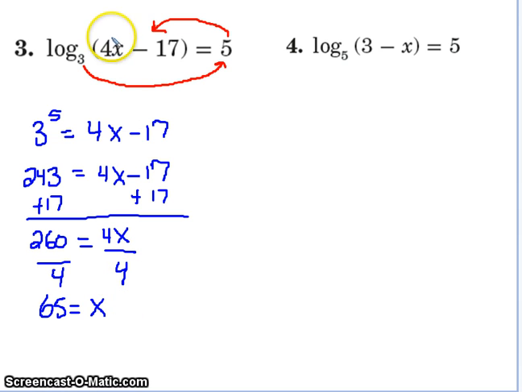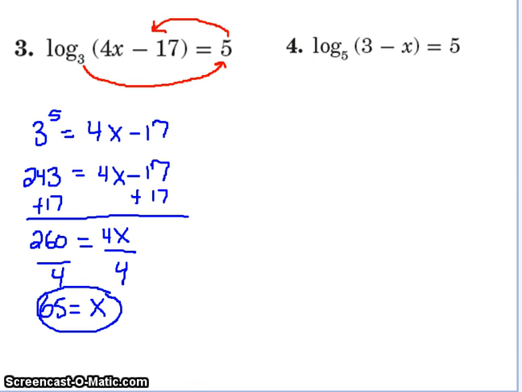We can plug this back in and check our answer. 4 times 65 is actually 260 minus 17 is going to give us that 243. So 3 to the 5th is equal to 243. So yay, here's our answer.